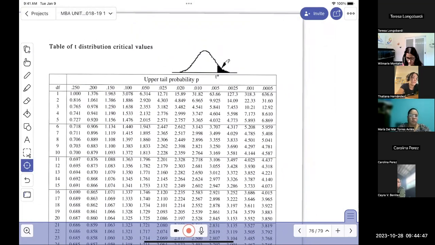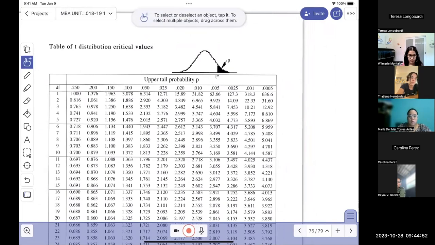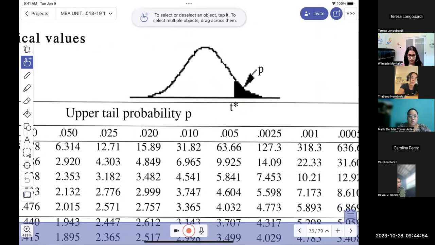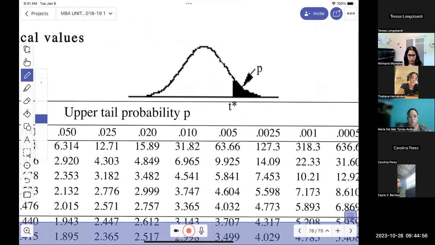It's also centered at zero. Looks symmetric, bell-shaped. It's centered at zero, but it's spread out differently depending on the sample size. So it's dependent on the sample size. But it tends to have more outliers.